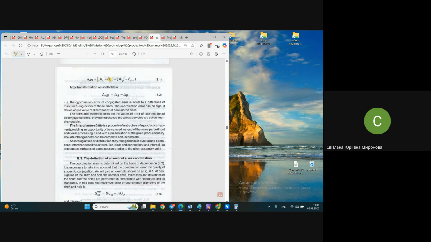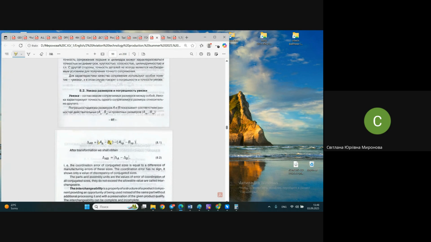So when we're talking about the accuracy characteristic of conjugation, we talk not about the absolute value of a size but about the difference between two sizes, shaft and hole, for instance. And what is the difference of sizes given in the drawing and the difference of sizes that we produce in real. The difference of these two differences we call the error of coordination.